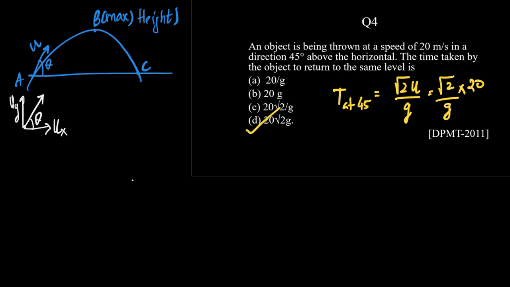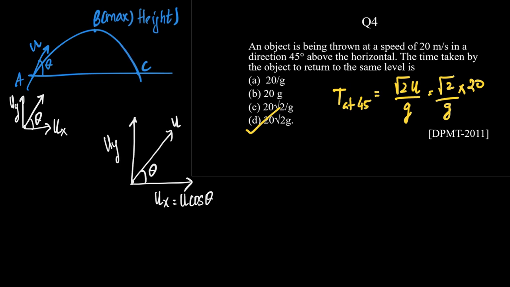I repeat, when an object is projected with velocity u at an angle theta with the horizontal, it will have two components of velocity, one being the horizontal component and the other being the vertical component, ux and uy. And from this triangle, ux is equal to u cos theta, and uy is equal to u sine theta.